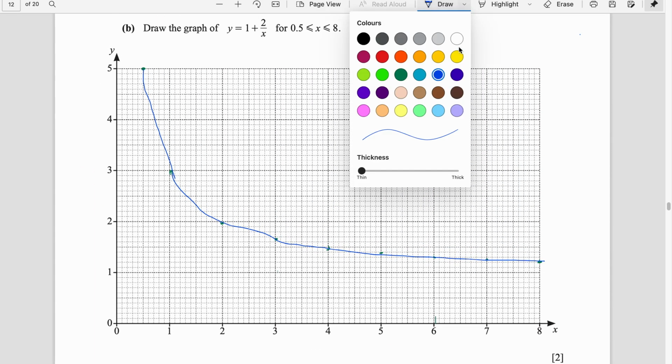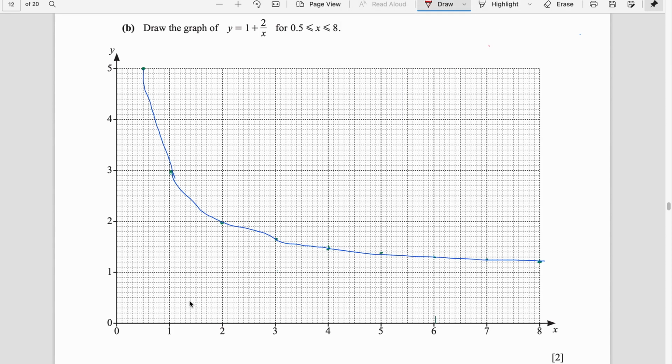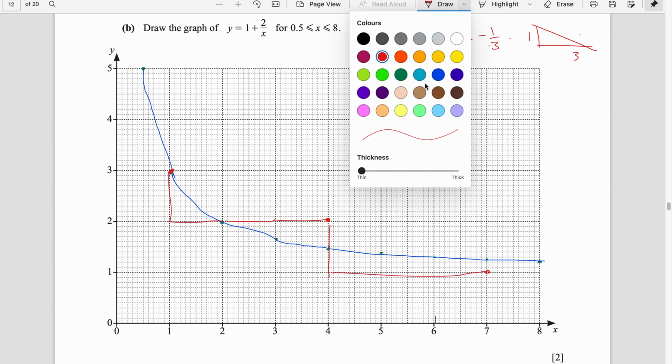So coming back here, we see when it is x 1, it crosses at this point. And the gradient was negative 1 over 3. So basically the fall is 1 and the run is 3. So let's count this 1, and 1, 2, 3. So I'm getting this slope. You know these points, you don't need more points, only 2 are enough.